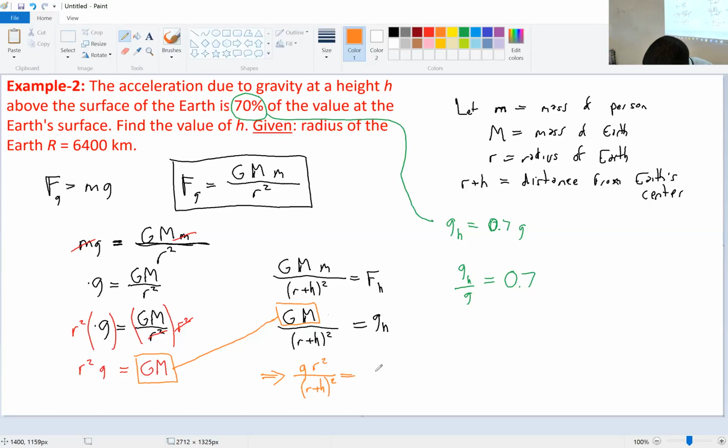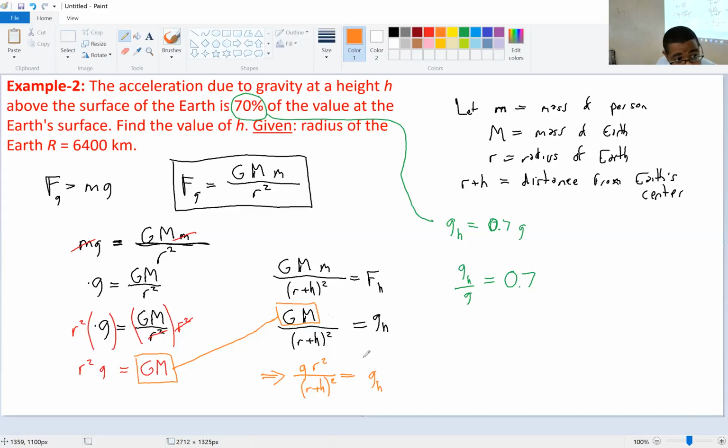Let's see. Okay, so that's equal to GH. And then, again, I'm looking for this. And so how can I somehow turn this into that? What do I need to do?